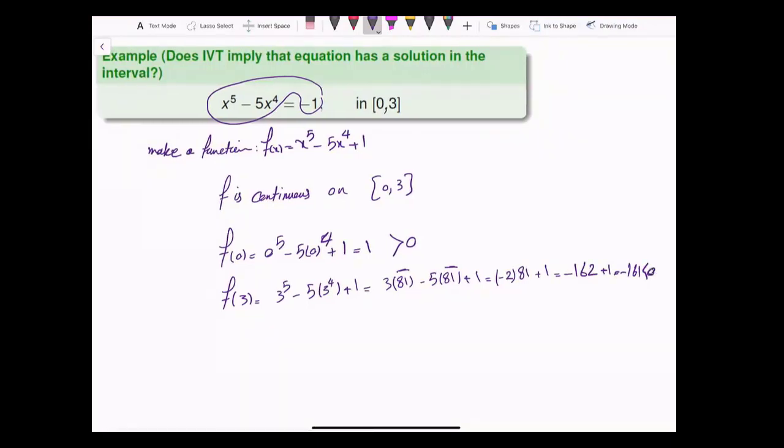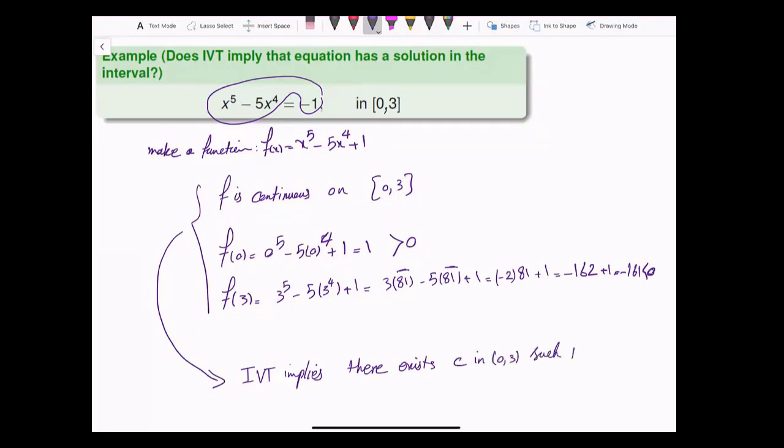That is positive, that is negative, and the function is continuous. IVT implies there exists a number C in the interval 0 to 3 such that f at C is equal to 0.